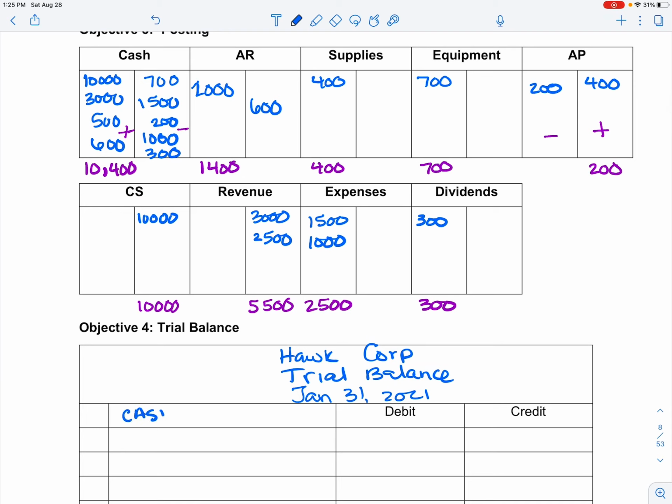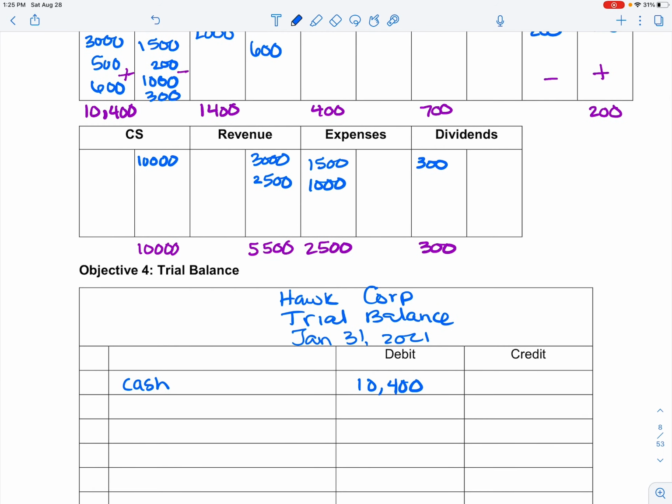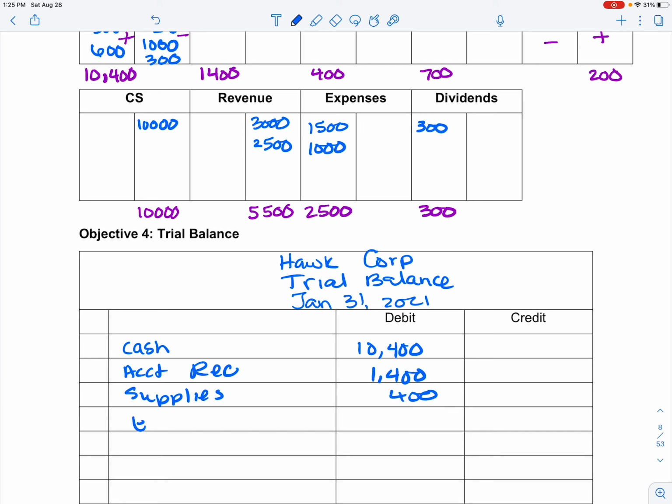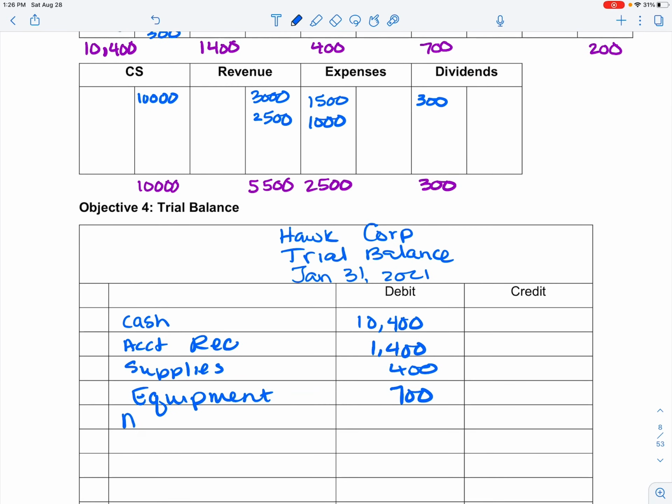So I can say I have cash, and that cash has a debit balance of 10,400. I have accounts receivable. That has a debit balance of 1,400. I have some supplies. The balance of 400. Equipment. A debit balance of 700. Then I have my accounts payable.